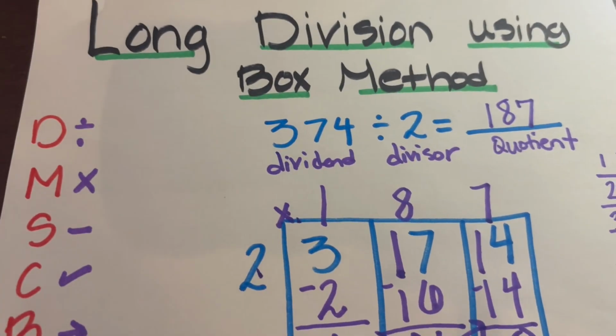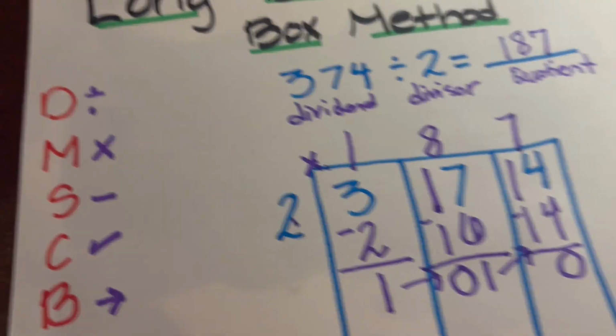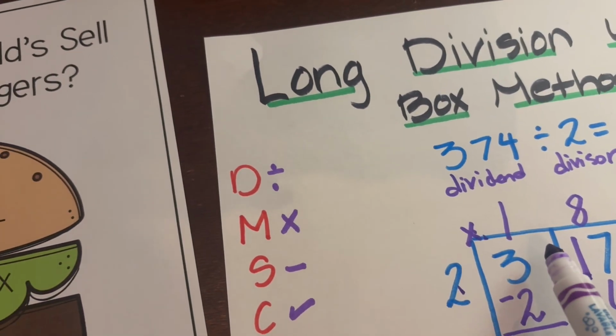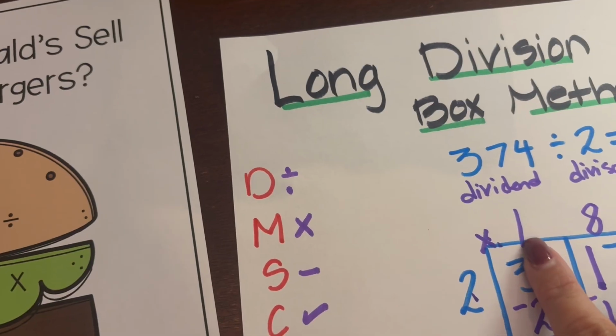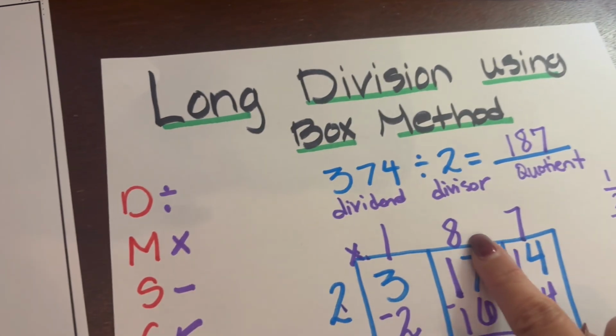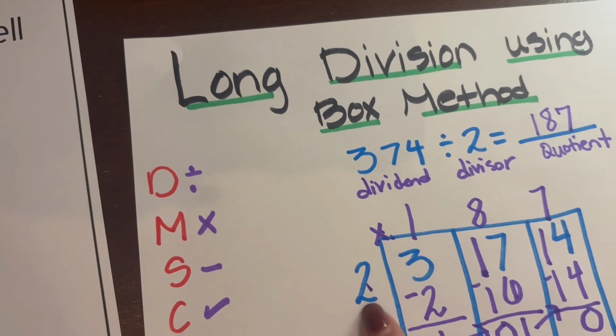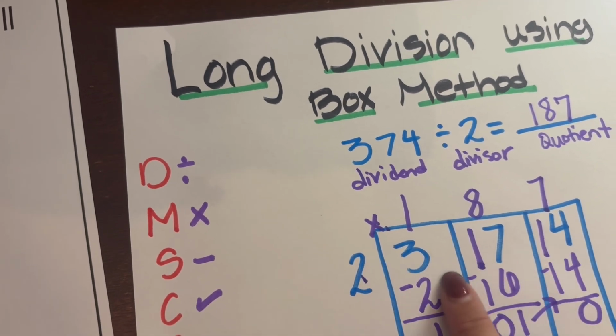Now, there is a way to check our long division work. The way you check the work is to multiply the quotient, 187, times the divisor. And when you do that, it should give you the dividend right here.